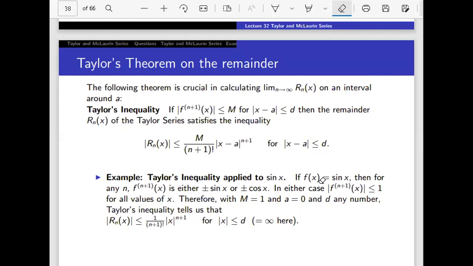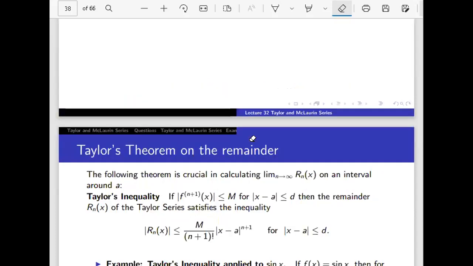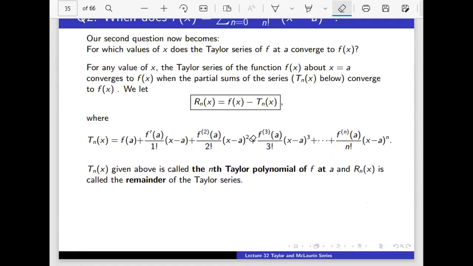Therefore, the absolute value of this derivative is bounded by the number 1. M is 1 here, for any x. Now let's consider the Taylor expansion of sine around 0, which is the Maclaurin series.